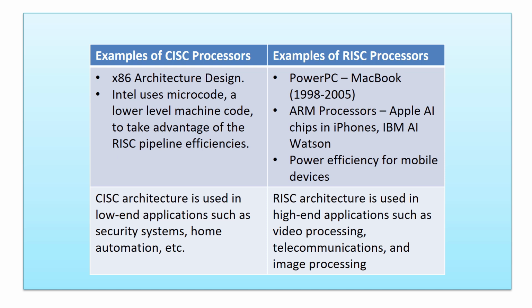Examples of CISC processors. So x86 uses the CISC processor, and Intel is now using microcode, which is a lower level machine code, to take advantage of the RISC pipeline efficiencies.